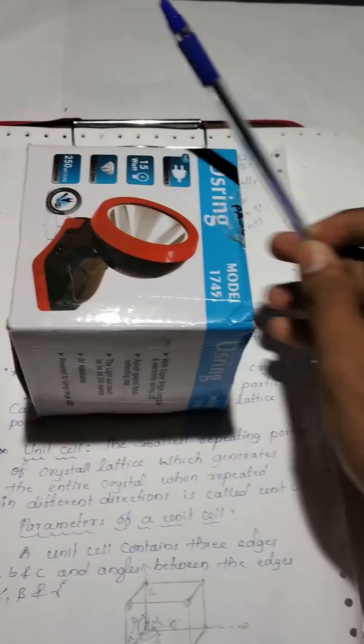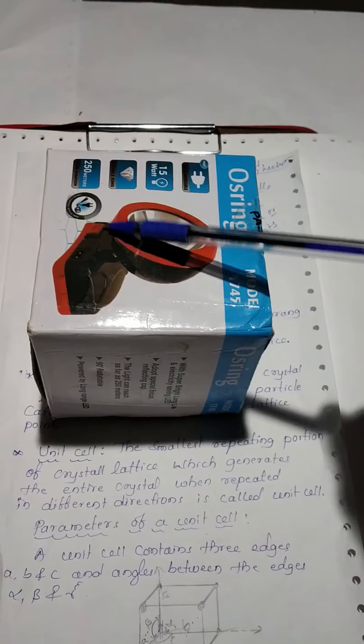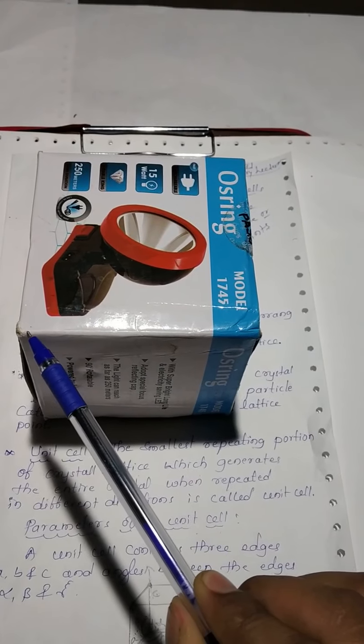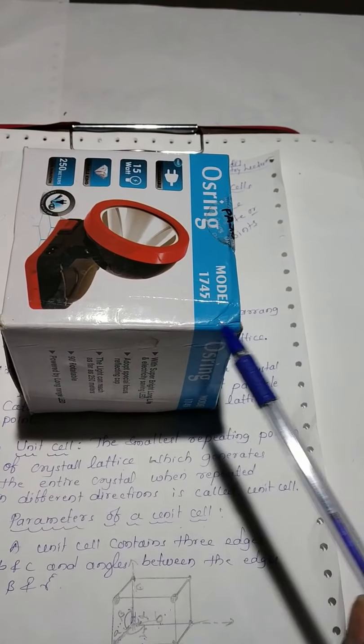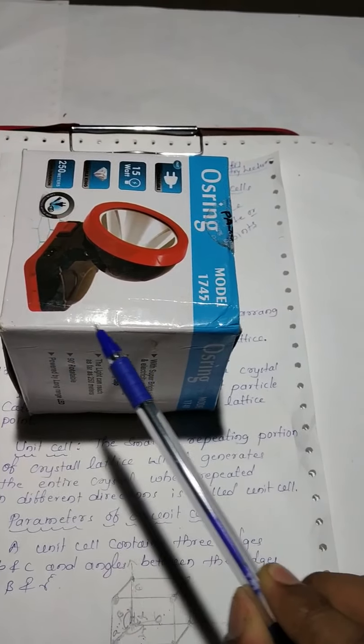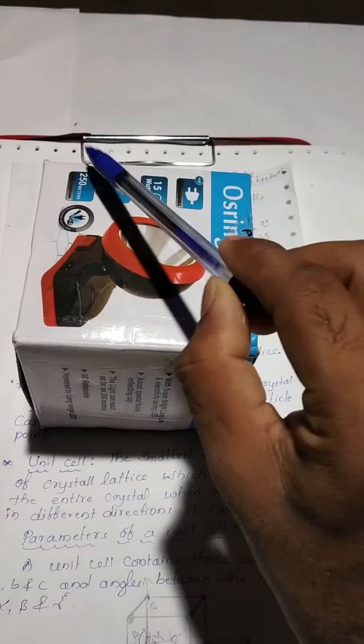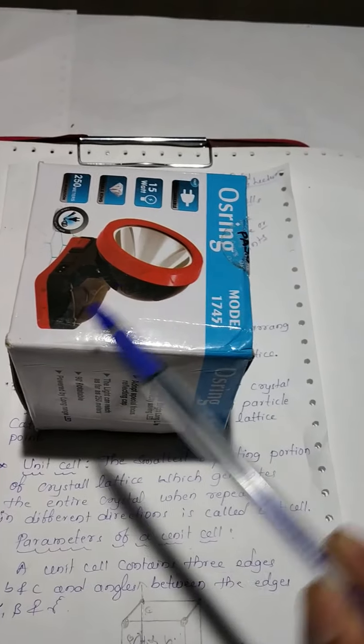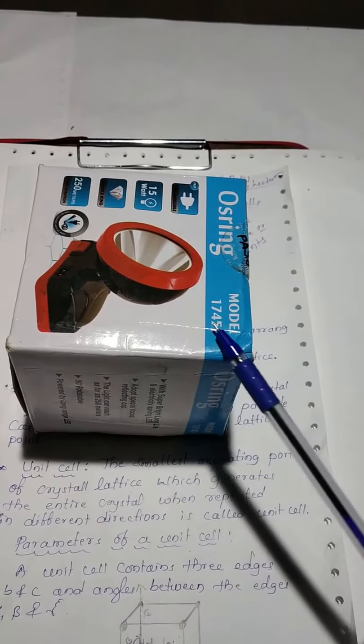Then these faces are joined by this line. So this is called an edge. This is another edge. Two faces are joined by this, and this is called an edge.